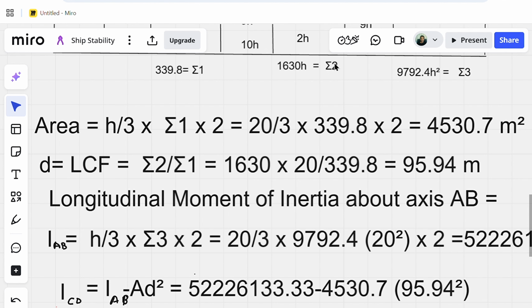So summation 2, the sum of the products of all moment functions, divided by summation 1, area function. So this is 1630H, which is 20 divided by area function 339.8, and I get 95.94 meter.